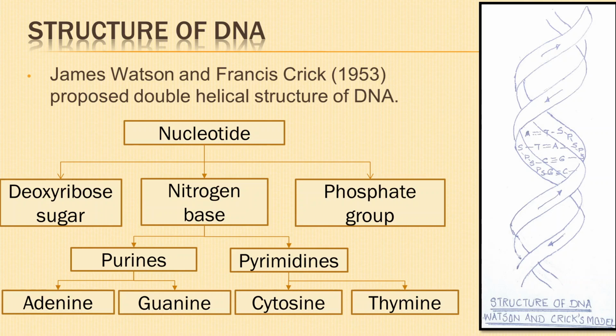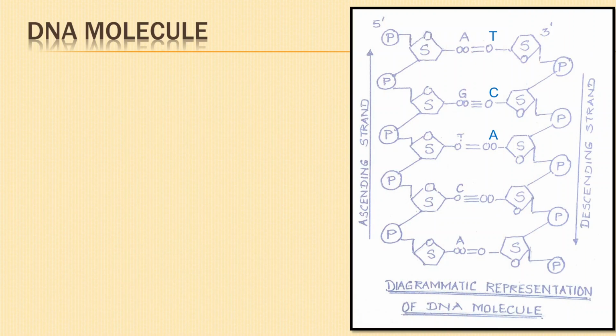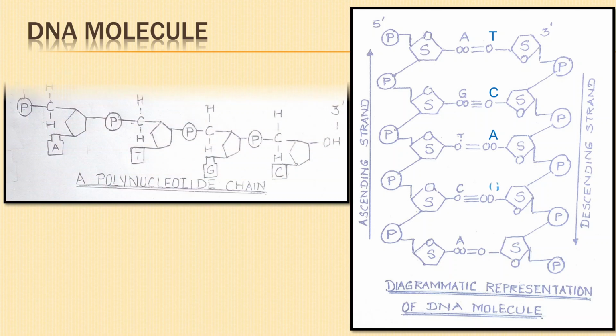Purine base always pairs with pyrimidine base. Adenine pairs with thymine by 2 hydrogen bonds. Guanine pairs with cytosine with 3 hydrogen bonds. A DNA molecule is composed of 2 strands.